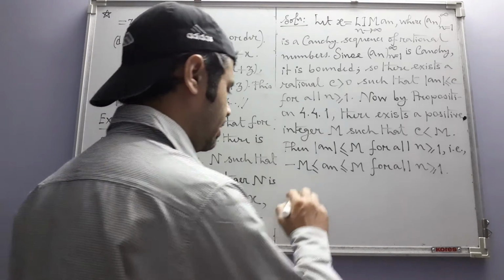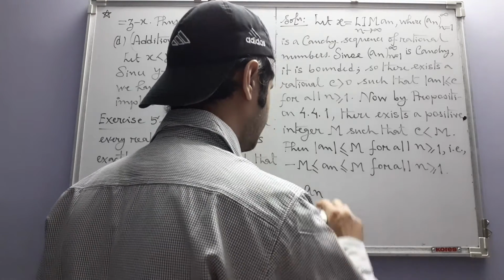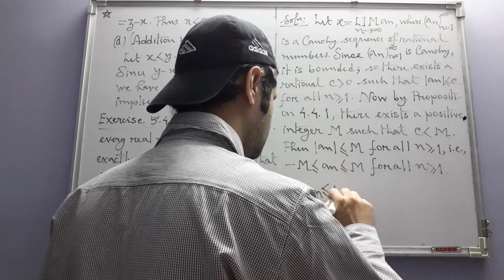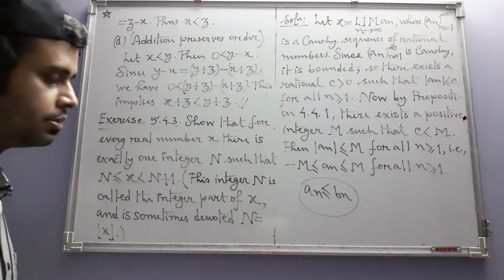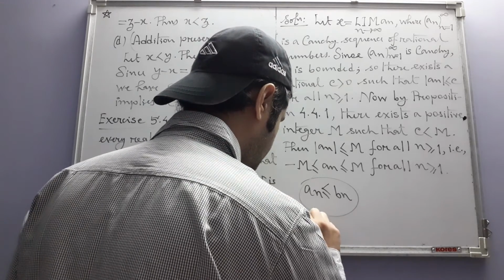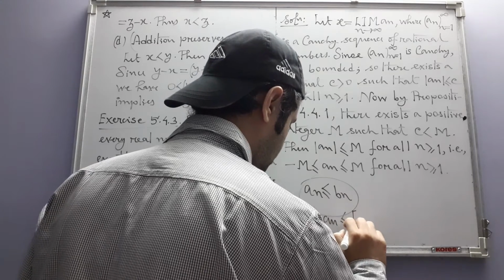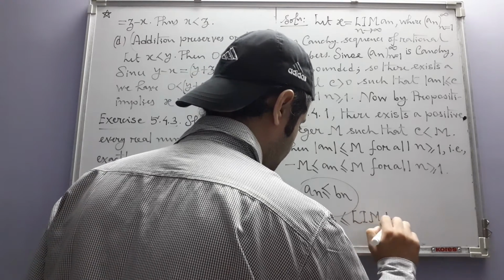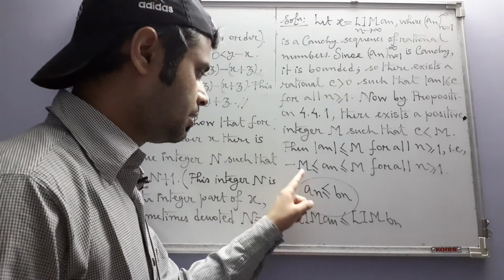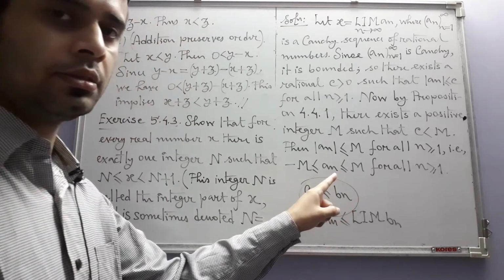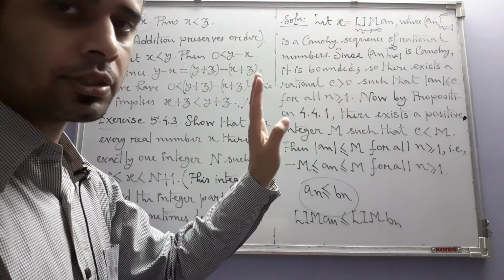Namely, if we have two Cauchy sequences an and bn of rational numbers whose corresponding terms are in a relation like this, then the formal limits of these sequences also satisfy that relation. Note that an is already a Cauchy sequence.